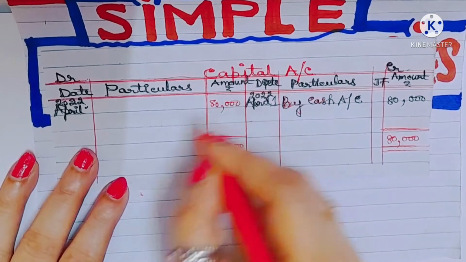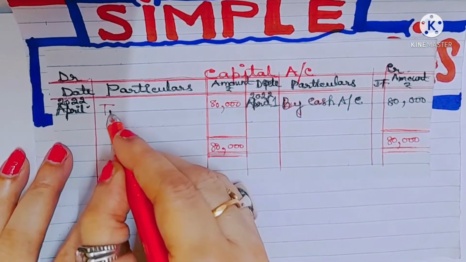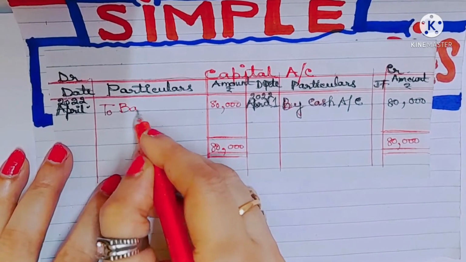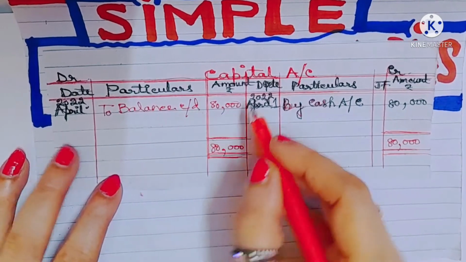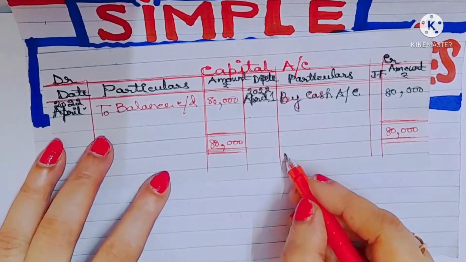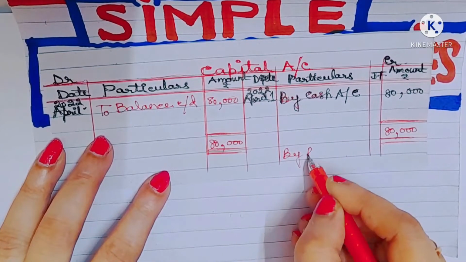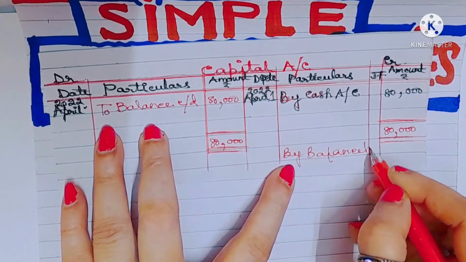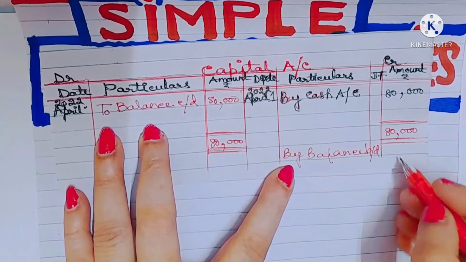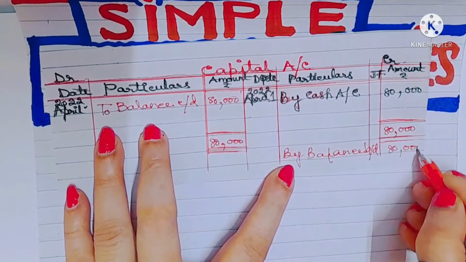So which balance do we write always where there is shortfall? To balance CD, and this will be brought down on the opposite side by balance BD. Same amount 80,000. What will be the date?